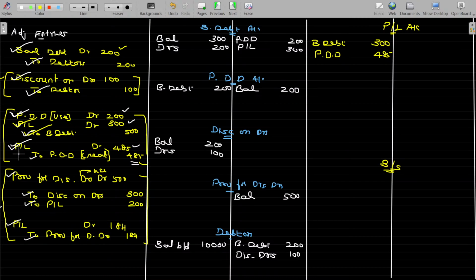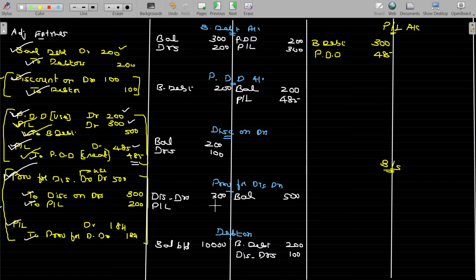In PDD, by P&L account, 485. And here, provision for discount on debtors, we have to post to discount on debtors, value 300.